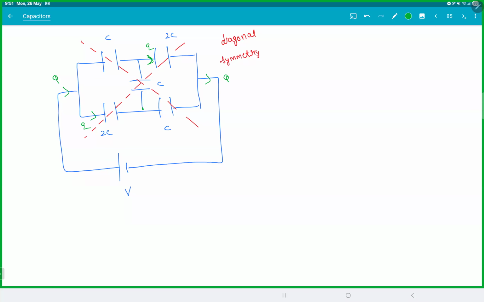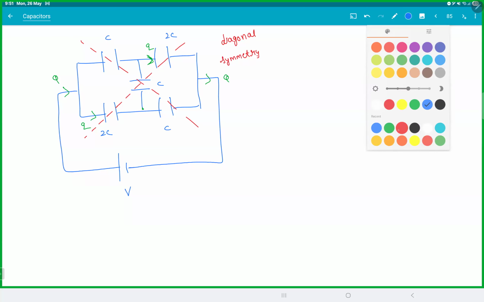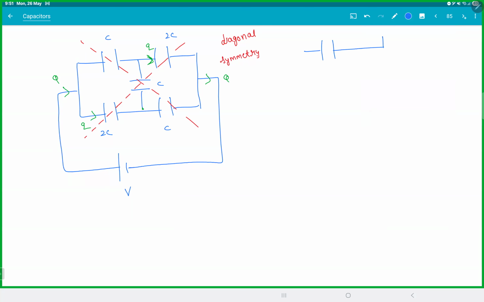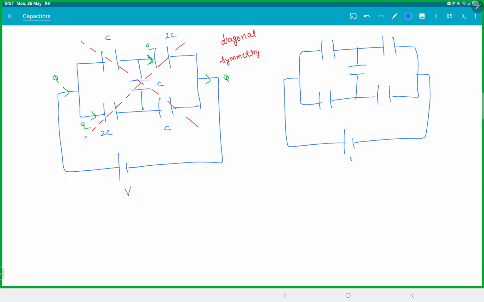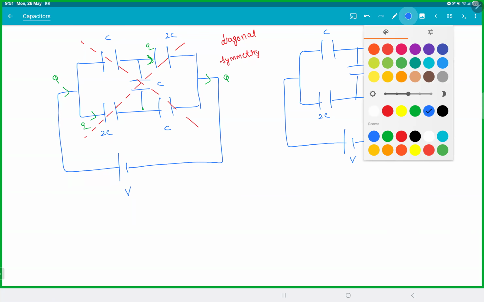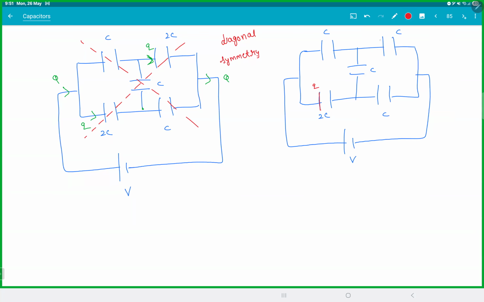That means if this is Q, this is Q, this is Q minus Q, this will be Q minus Q. If this is V, if this is X, this is 0, and this is Y, look at this.